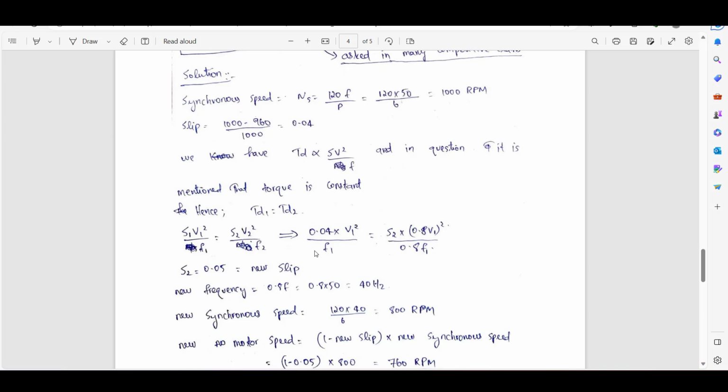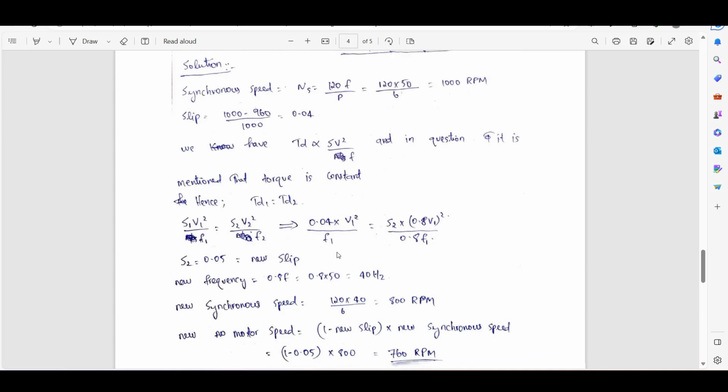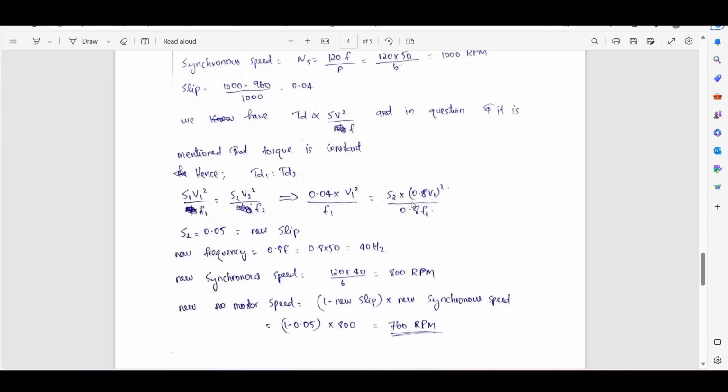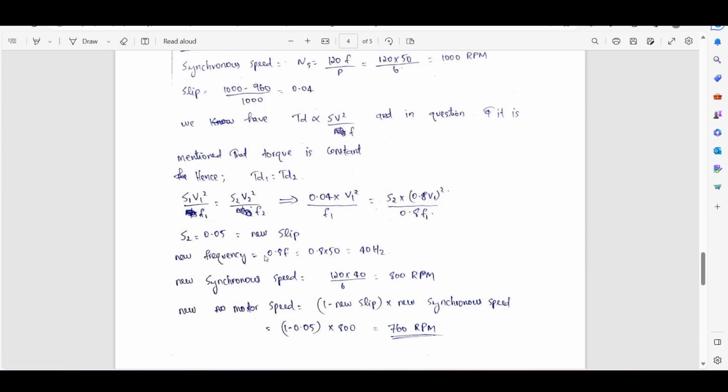You will substitute here. Similarly in the case of frequency, because in the second case the frequency is 80% of the previous frequency. So substituting this and solving, we will get S2 equal to 0.0105, which is the new slip. Now we will calculate the new frequency, because now the supply voltage and frequency are changed.